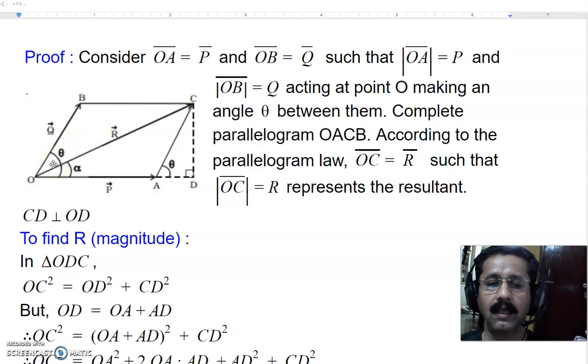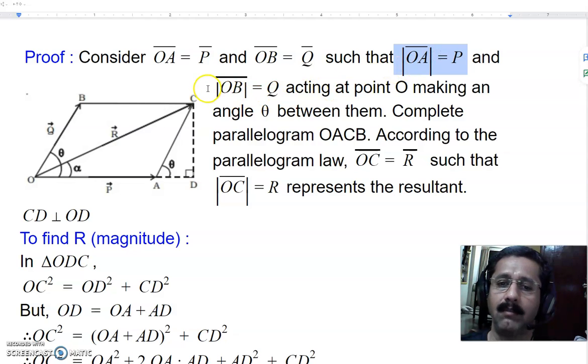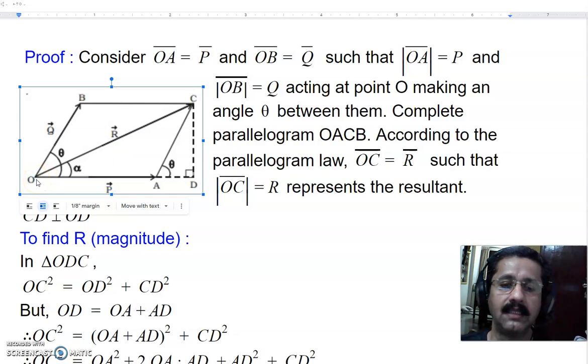One is vector OA, represented as vector P. The other is vector OB, called vector Q. They have certain magnitudes, capital P and capital Q, such that the modulus of vector OA is equal to P and the modulus of vector OB is equal to Q. They are both acting at point O, such that the angle between them is theta. As you can see, theta is the angle between vector P and vector Q.